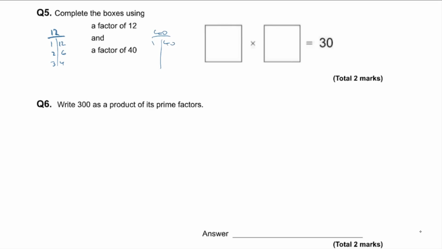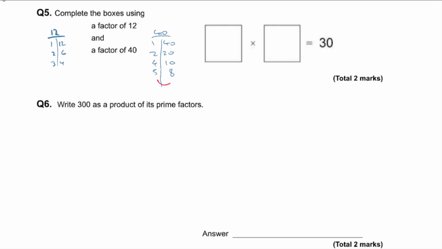40 is going to be 1 and 40, 2 and 20, 3, no, 4, yep, 4 and 10, 5, yep, 5 and 8, 6, no, 7, no. And I've met myself coming back down the other way now, haven't I? Because I've tried all the numbers between 5 and 8 and there wasn't one. So there are all the possibilities, and I want to find two numbers that multiply together to give me 30.